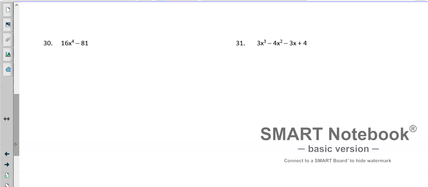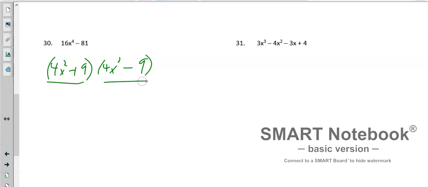All right, here we have 2 perfect squares. So this is a difference of squares. That's it. Square root of the first. This happens to be x squared this time. Square root of the second. 1 plus, 1 minus. Now, we have a sum of squares and a difference of squares.